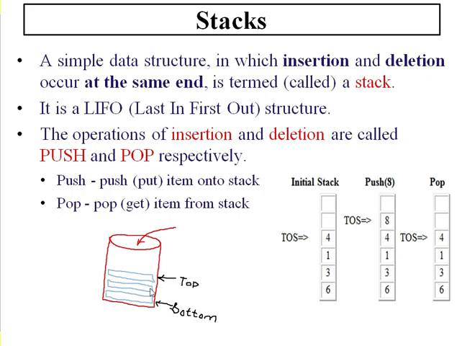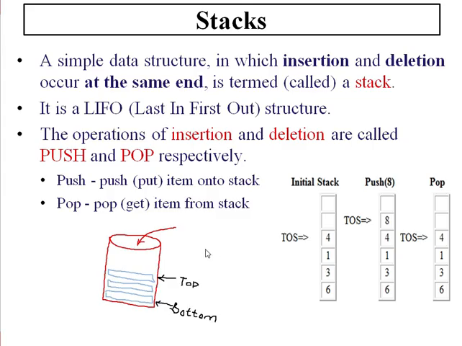For the removal and for the addition of items, we use only the top opening. That's why we can visualize the stack as a vertically oriented container having an opening from the top only.